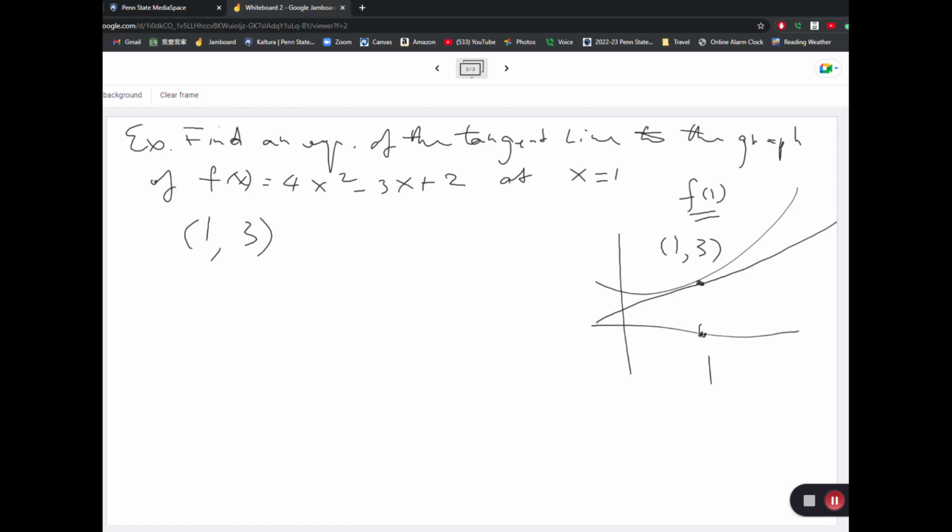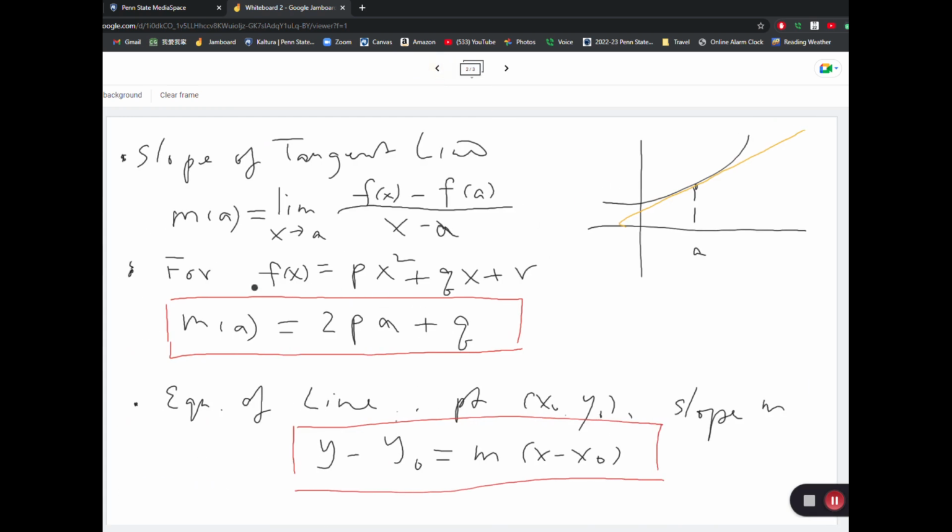What about the slope? Well, slope is the main thing. So we would do m equal to 2pa plus q. Let me write down the formula first. Let's recall the formula here.